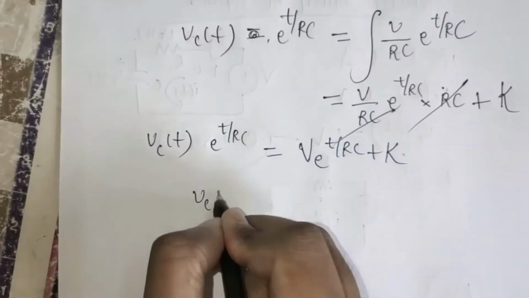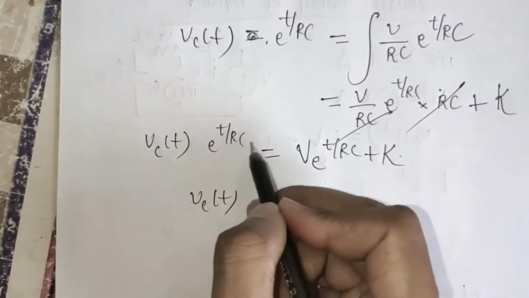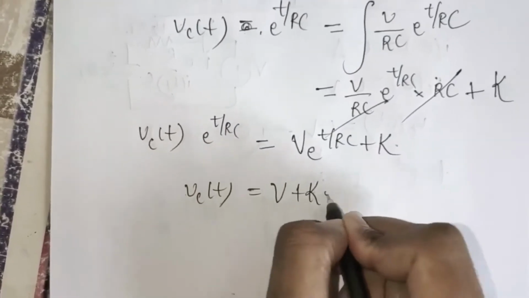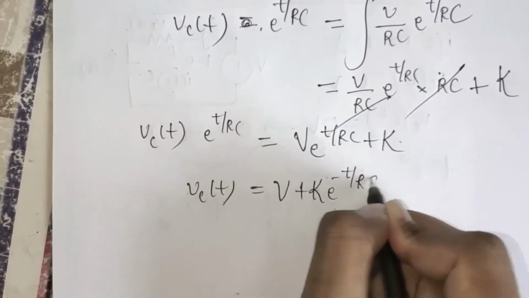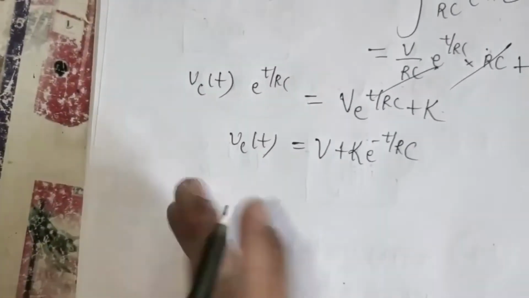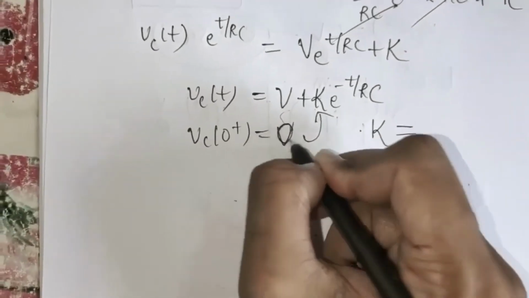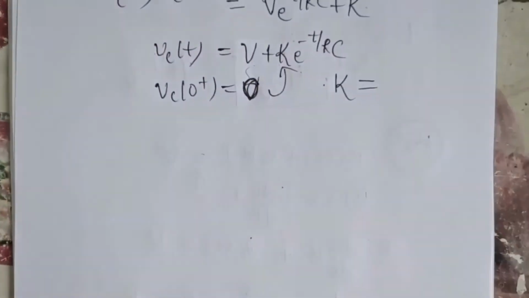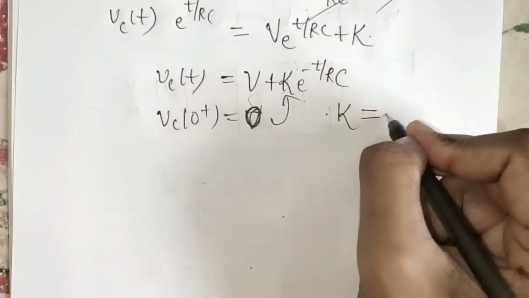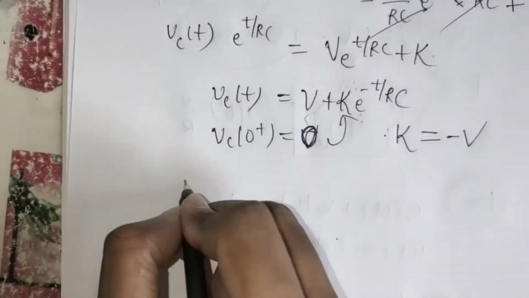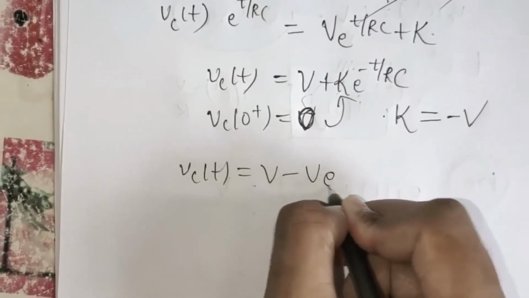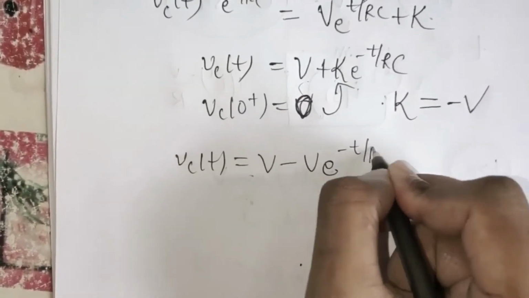So therefore Vc of t, if I take this term to the right hand side, it becomes V plus k into e power minus t by RC. So using initial conditions, that is Vc of 0 is 0, if I substitute, I'll get the value of k to be minus V. So therefore Vc of t is equal to V minus V into e power minus t by RC.